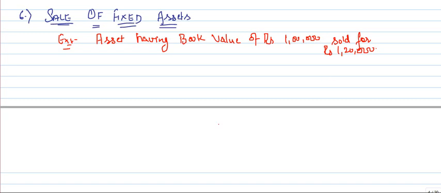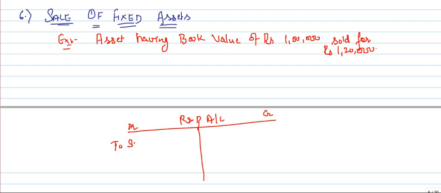First tell me, how will you show it in the receipts and payment account? The first and foremost thing is, it is a receipt. If it is a receipt, it is to be shown on the debit side, right? You will say "to sale of asset." Now, what is the amount that you will take, 1 lakh or 1,20,000?